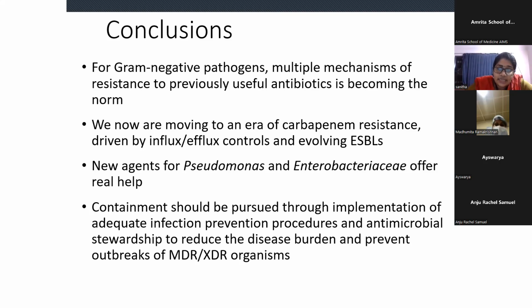And newer agents are there which can offer real help. And not only antibiotic stewardship, we have to go for adequate infection prevention protocols to reduce the disease burden and prevent outbreak of MDR, XDR organisms. So that's all. Thank you for patient listening.